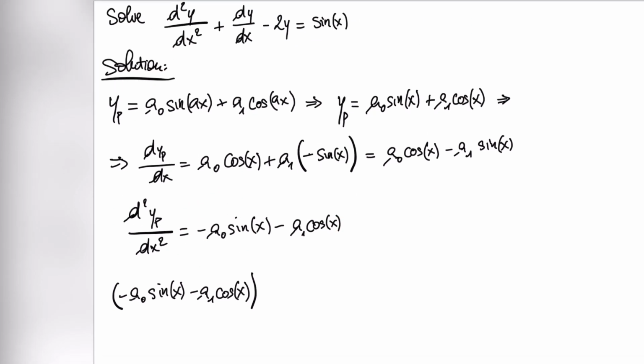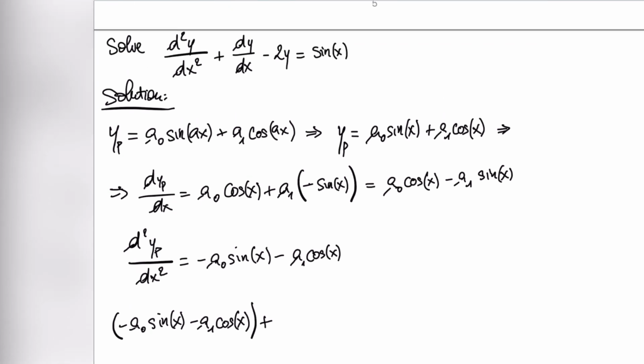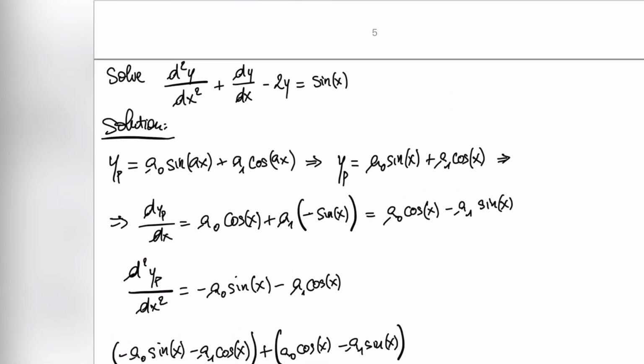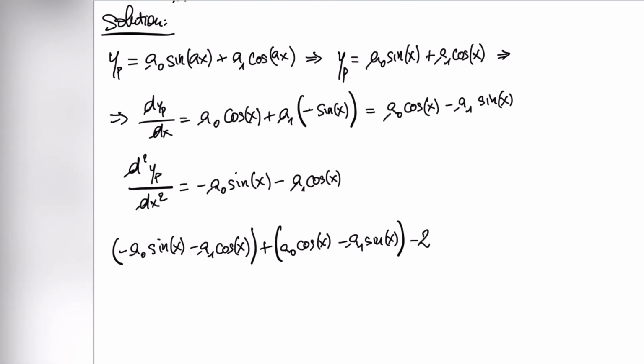Then we have plus dy dx, so dy of p dx is here, so we have plus a0 cosine of x minus a1 sine of x, and then we have minus 2y, so y of p is here, so 2 times a0 sine of x plus a1 cosine of x.